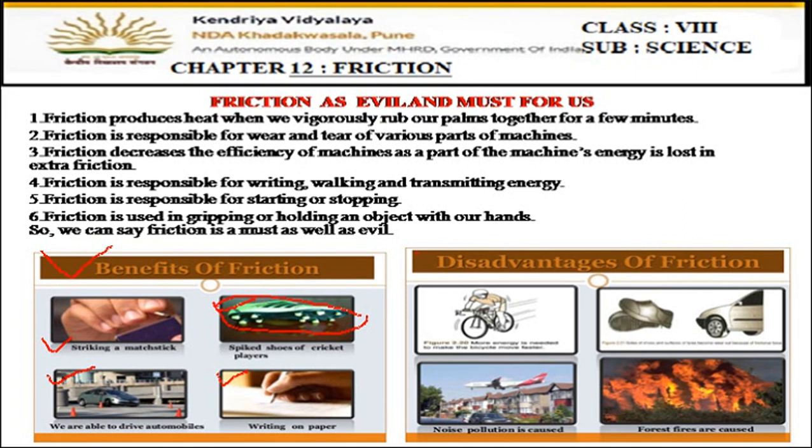Now let us discuss the disadvantages. You can see here that on a slippery surface, the vehicles cannot be driven, or we cannot walk easily, because the friction is less. Less friction is also harmful, so we slip down. Now here you can see forest fires are caused. Forest fires are caused because of friction, right?